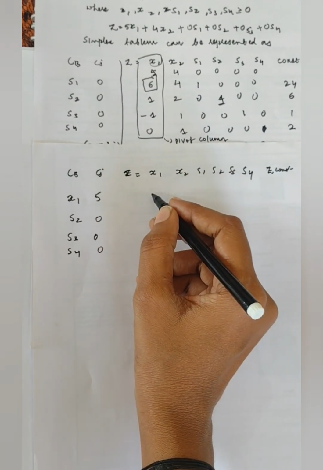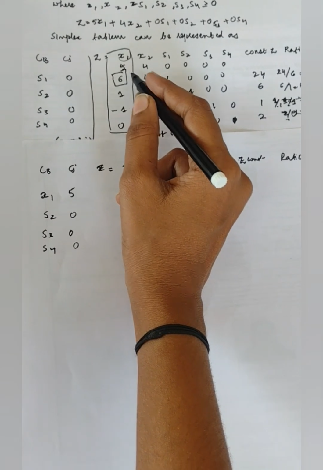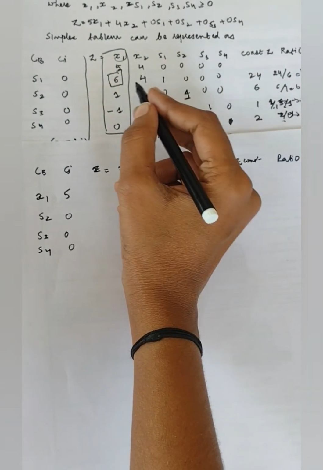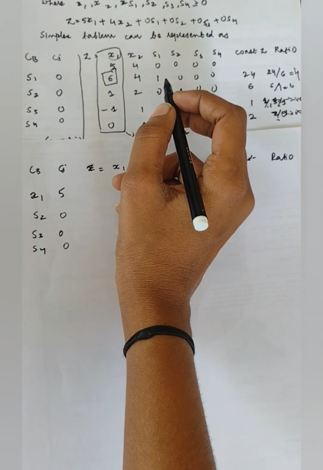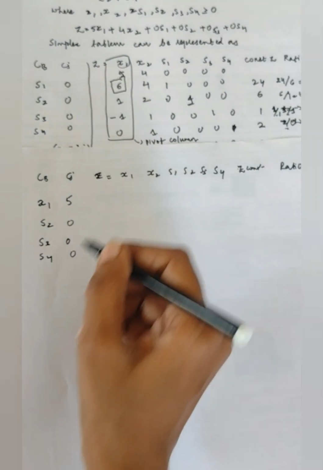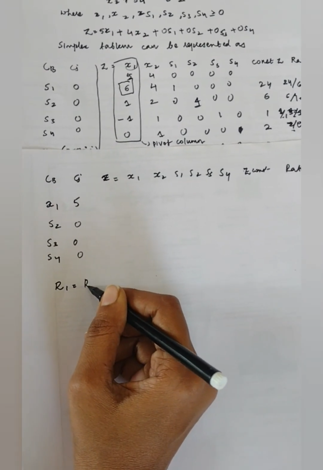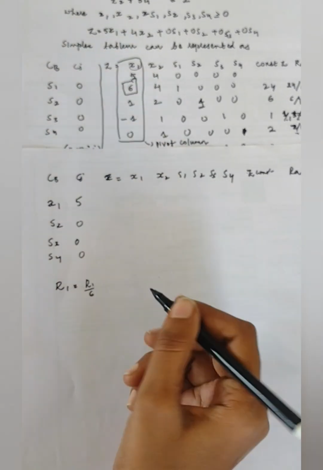To make the pivot element 1, divide the whole row by 6, that is R1 = R1 by 6.